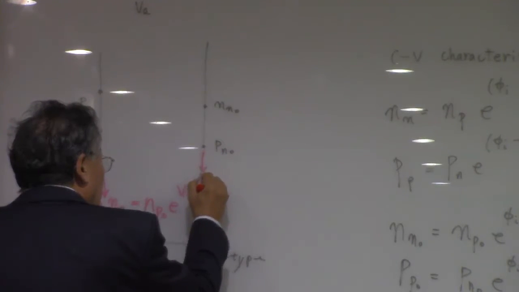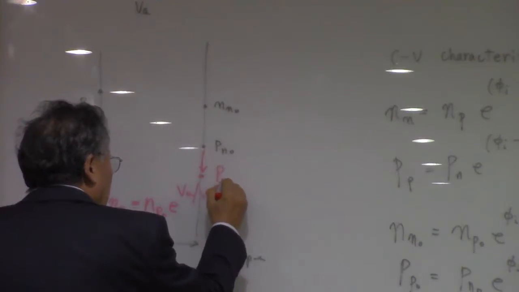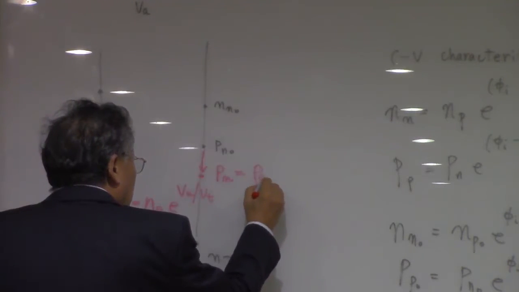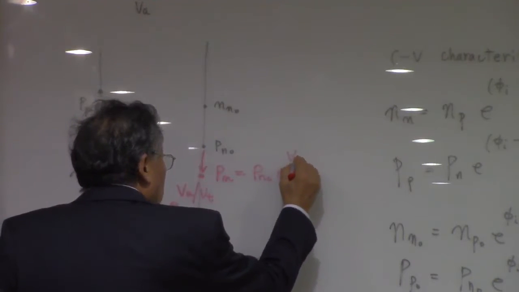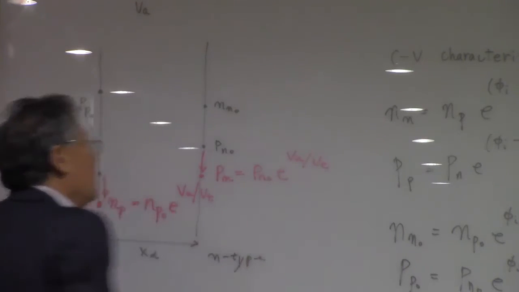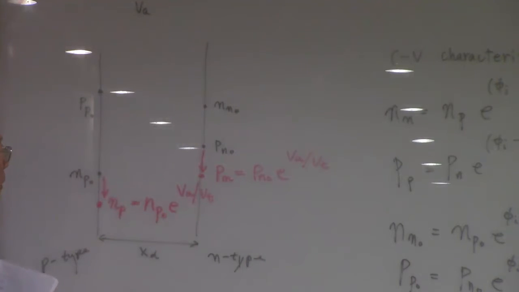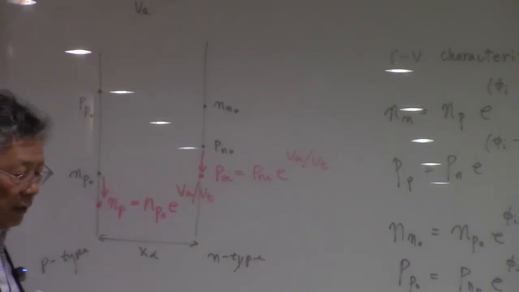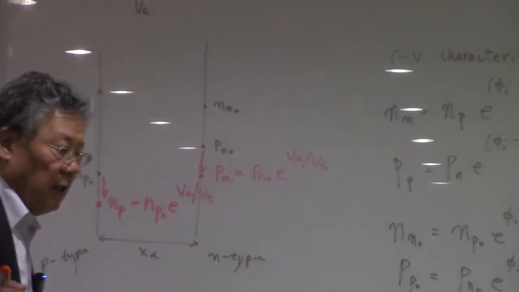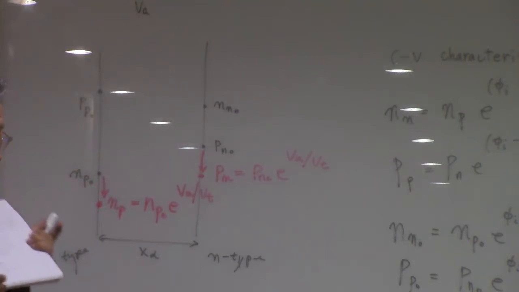It's going to set a new value p_n, and that is p_n0 times an exponential term like this. So low-level injection says if you apply a voltage to a p-n junction, your majority carriers are not going to change, but the minority carriers are going to change exponentially with the applied voltage. Okay, that is a key point. Then what's going to happen?